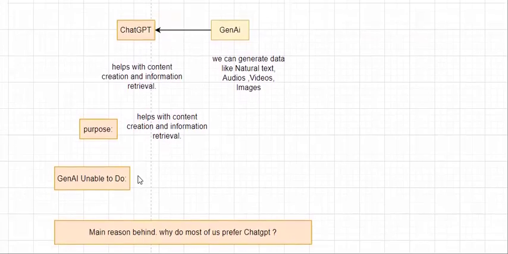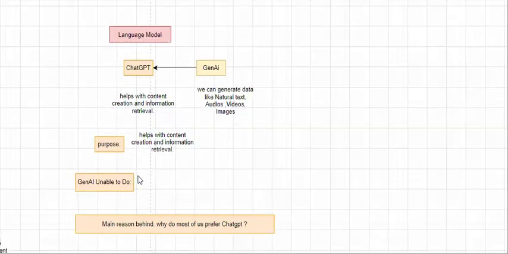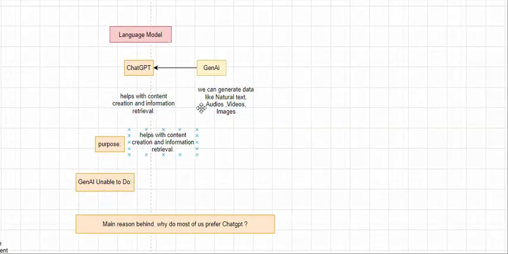Now let's understand what things GenAI cannot do with ChatGPT. Let's say I provide a complex mathematical computation problem, can ChatGPT provide me the result?